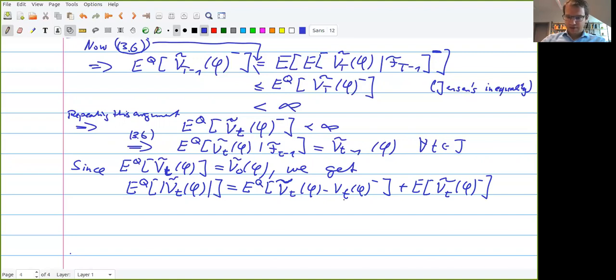And the nice thing here is, well, this is fine, right? All right. And this implies now that the discounted value process with respect to phi is indeed a martingale.